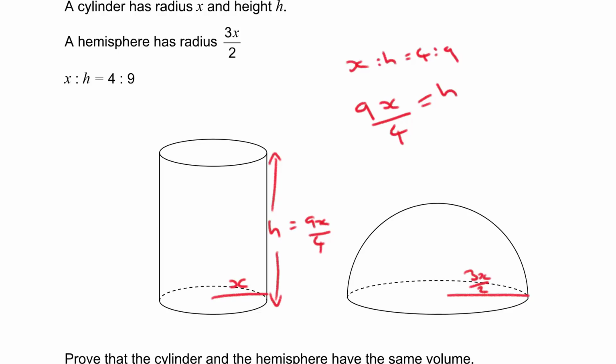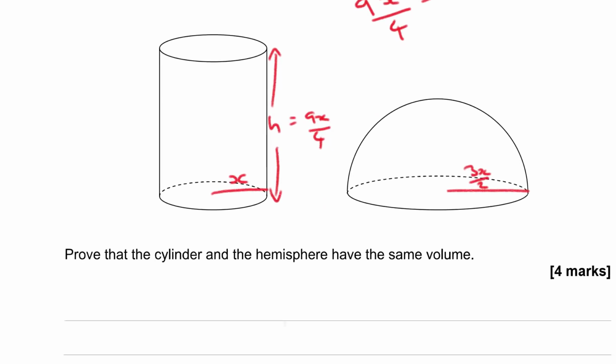Okay, and then that means I'll have everything in for my cylinder in terms of x and everything in my hemisphere in terms of x, so I should be able to equate their two volumes and solve for x. Okay, so let's just do that then.